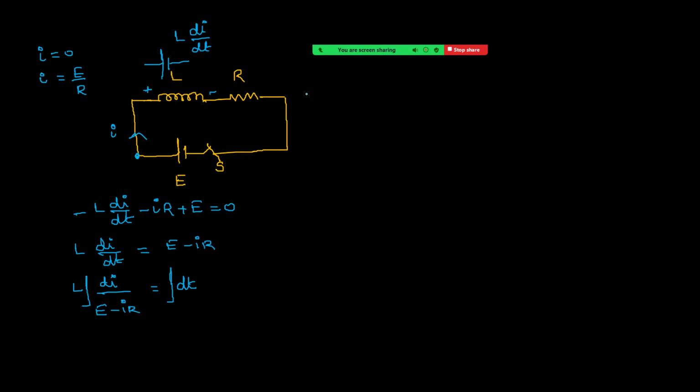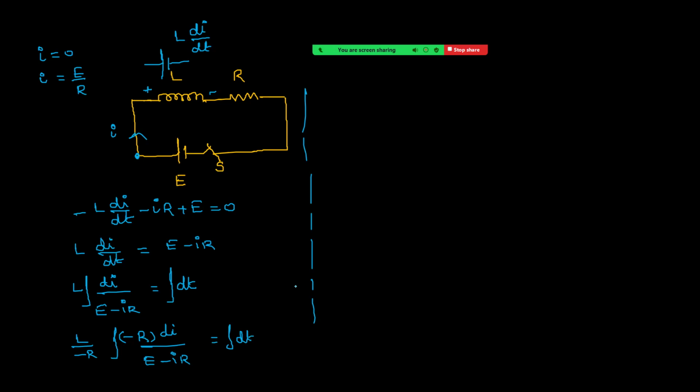So now what we are doing here, multiply and divide with minus R. di upon E minus IR, right?